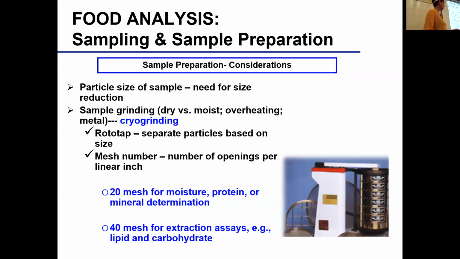Okay. Reduction of particle size. This is really important. One time, this might be relevant to you for capstone, I walked into the lab, and there was a capstone group doing a Mojonnier fat assay, a fat analysis. Their product was potato chips.